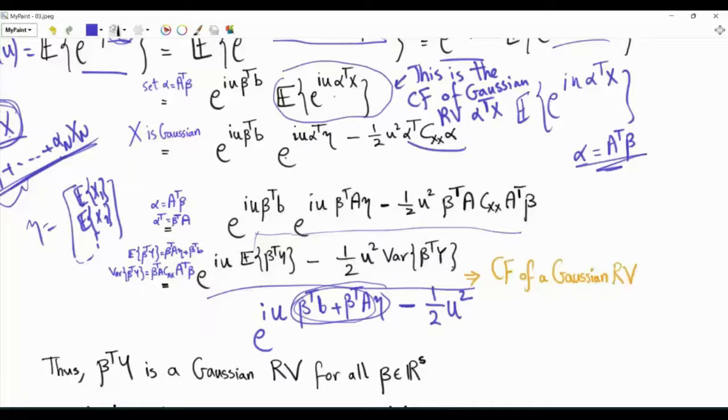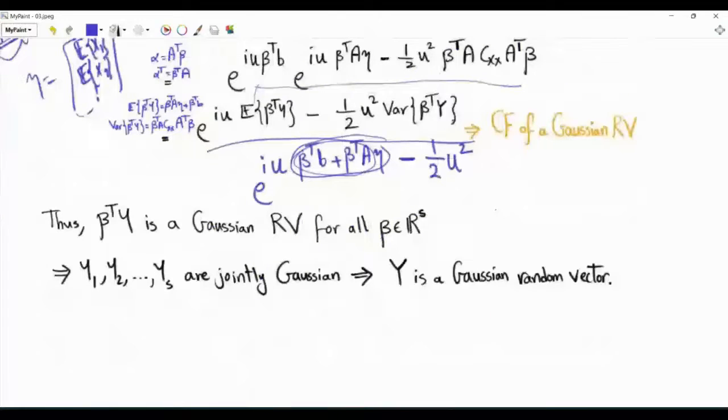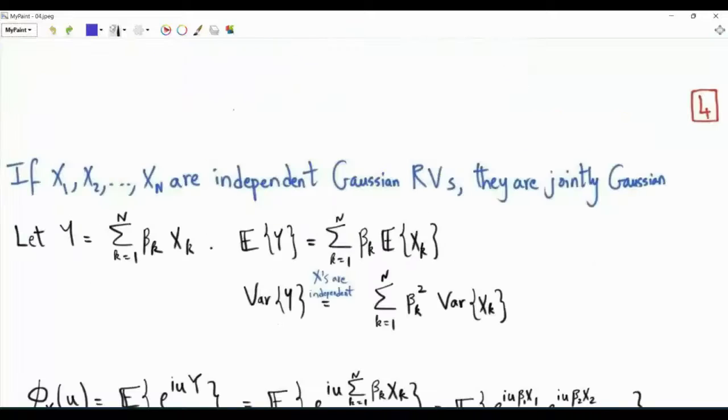So this means that the components of vector y are indeed jointly Gaussian, because any linear combination of them is a Gaussian random variable. And so the vector y, which is obtained by an affine transformation of Gaussian vector x, is itself a Gaussian vector.